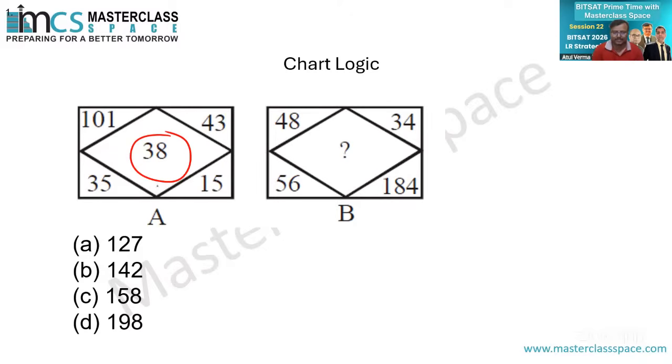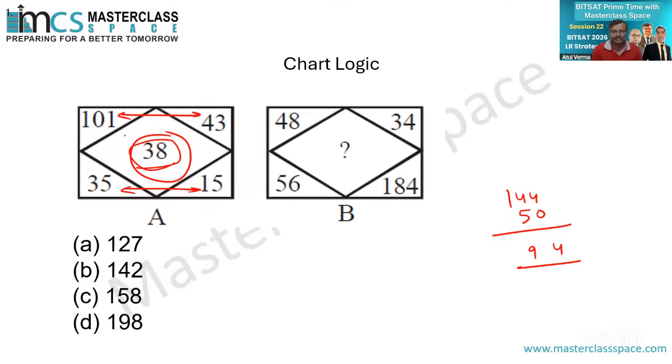If I take these two numbers, and these two numbers, and then subtract them, maybe it can work. Let's try to see. If I add the top two numbers, it becomes 144. And if I add the bottom two numbers, it becomes 50. We are left with something like 94, which we can't essentially get at 38. It again gives a hint that the difference is much, much smaller.